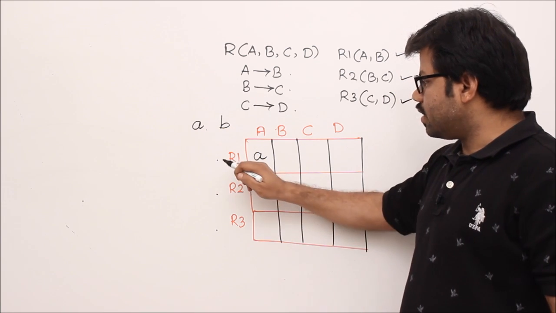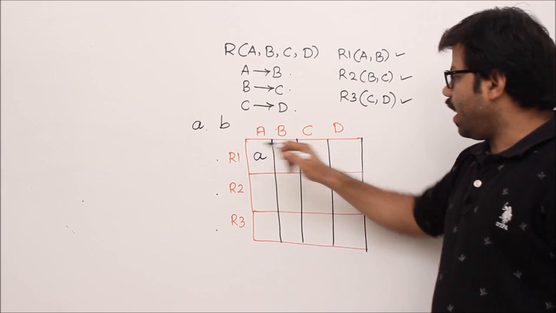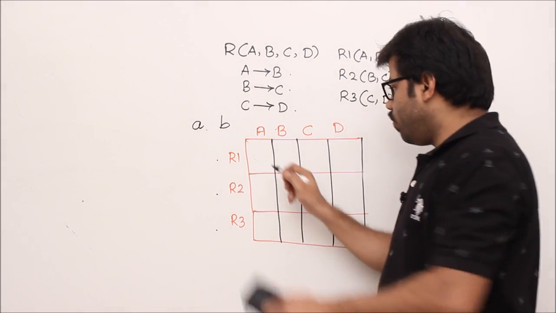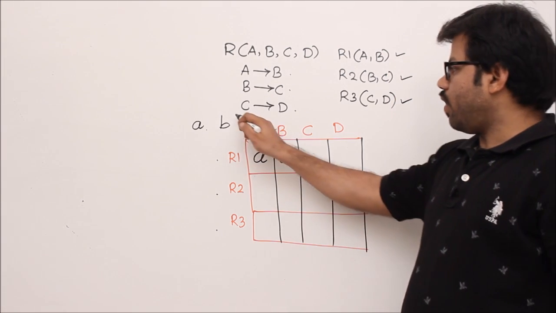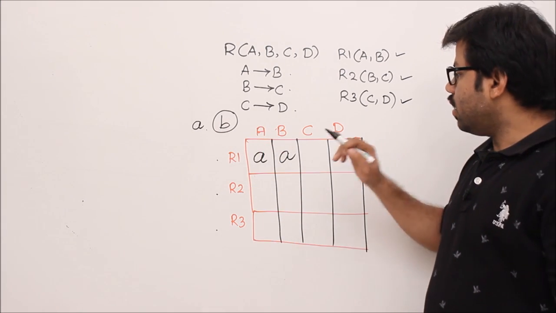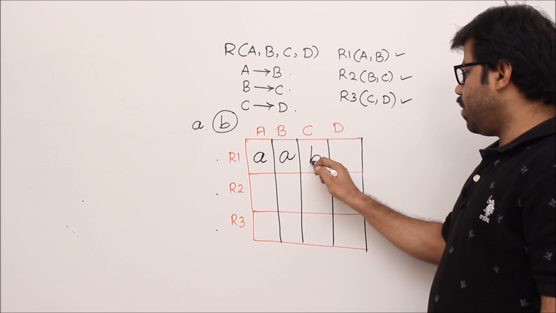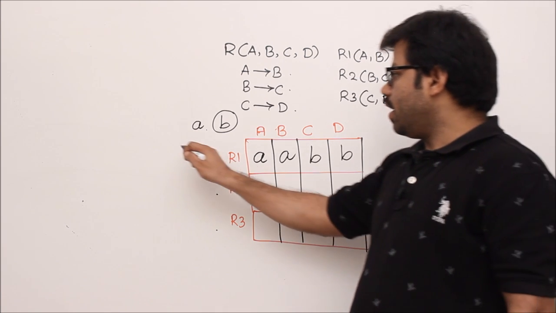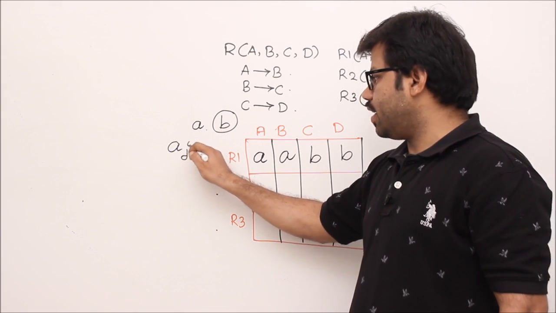So for example in this R1, what are the attributes we have? A comma B, right? Then for A and B in this R1 row, we have to write a kind of entries. Now we have another entry called b entry. We have to use this b entry for other attributes, like for example C and D are not part of R1, right? Here we write b. So usually a will go with only one suffix, which is the column index a_j, let's say.